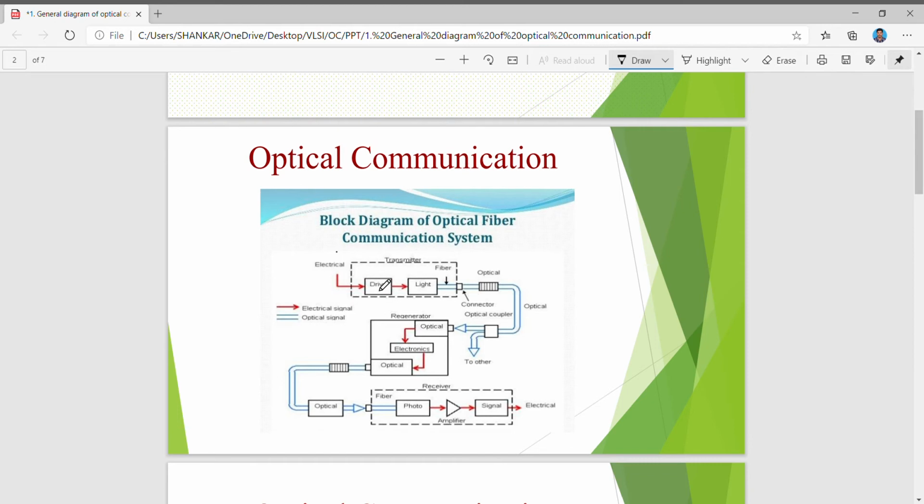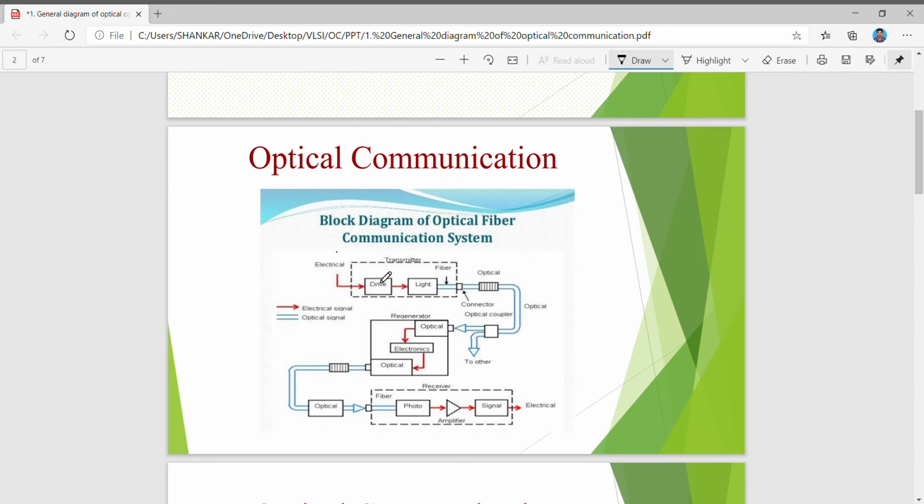In the transmitter section we apply the electrical signal, but it is converted into the optical signal form with the help of a drive circuit. See the dotted line here; this dotted line represents the transmitter section.